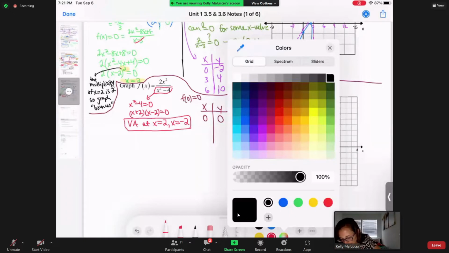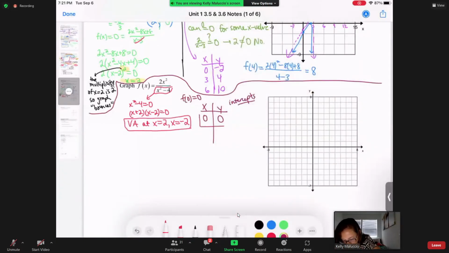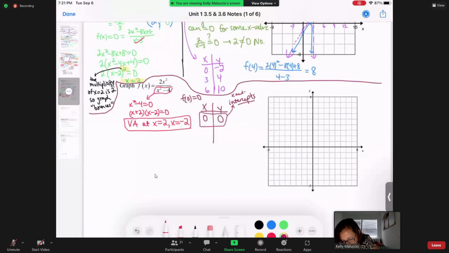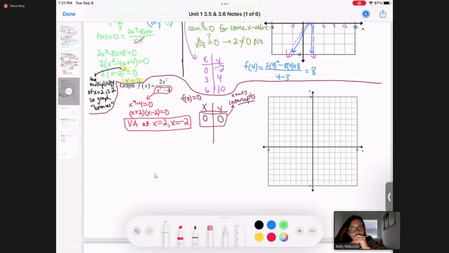Okay, and then I see in the chat, and I'll kind of circle, this was the x and y intercepts. And then I saw in the chat someone says the horizontal asymptote is 2, and that's correct, because I see x squared and x squared, so I focus on this right here, I ignore that -4, and I can see that the HA is going to be at y equals 2/1, which is just because this is like a 1, right?